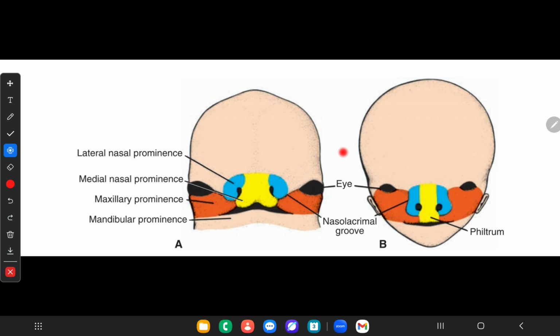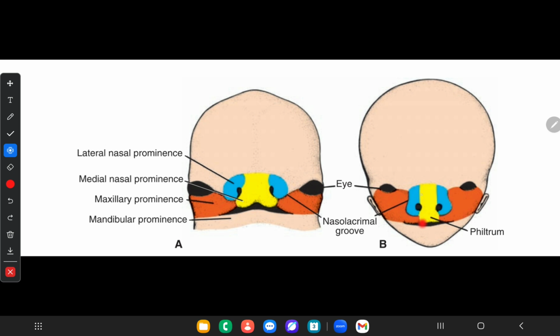Next, the cleft between the medial nasal prominence and the maxillary prominence is lost, and the two fuse together, as here.